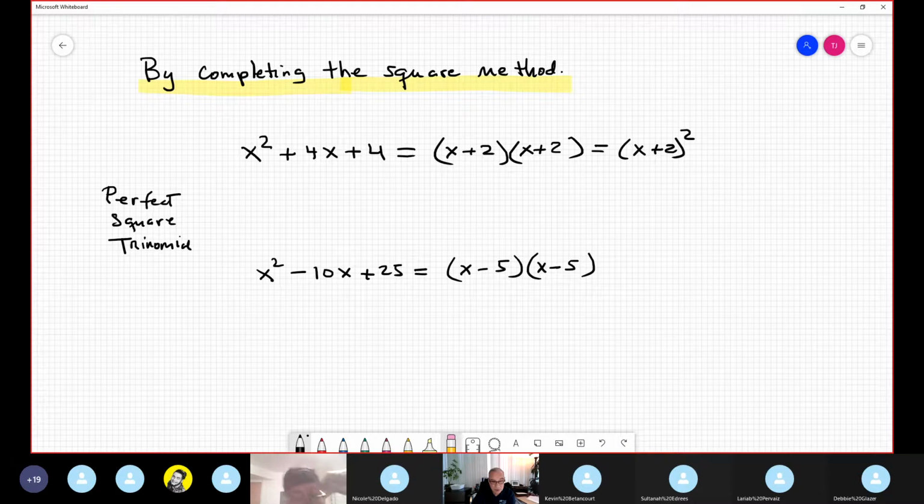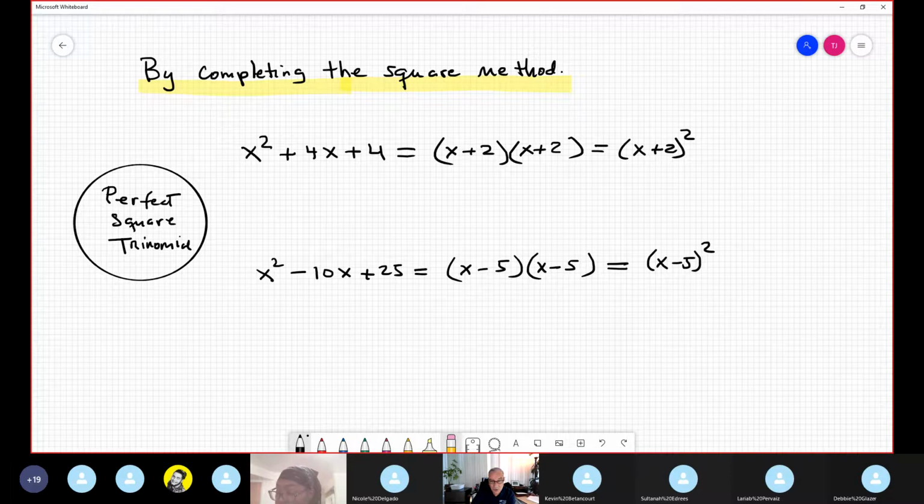I suppose that this last sign is always positive if it's a perfect square. This is the most important characteristic. And this is (x - 5)^2. The majority of trinomials are not perfect squares. It's obvious. But we enforce them to be perfect squares.